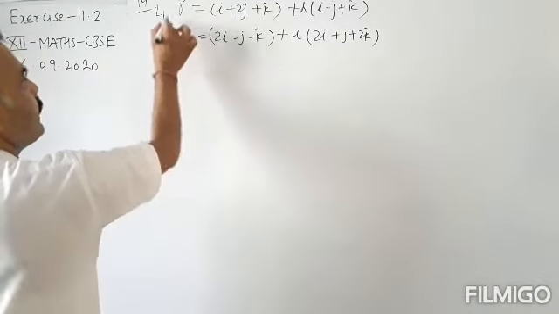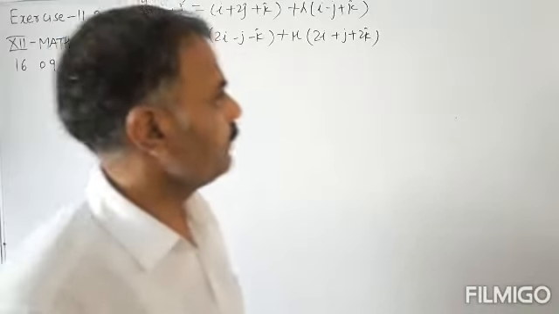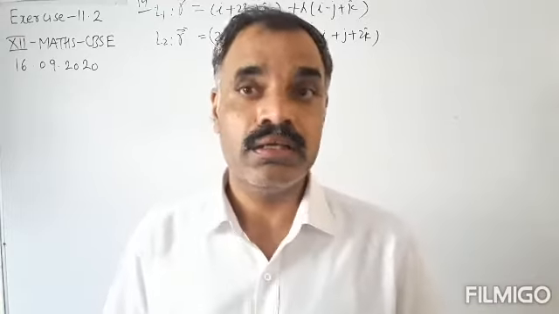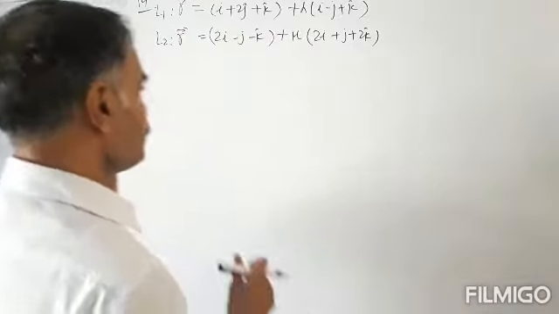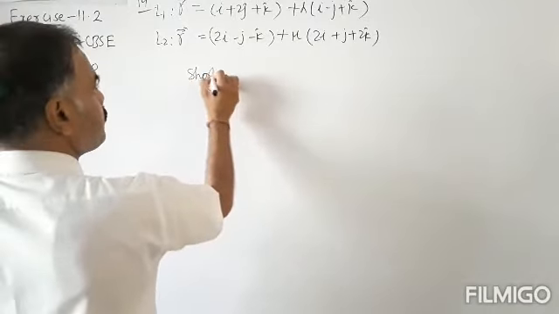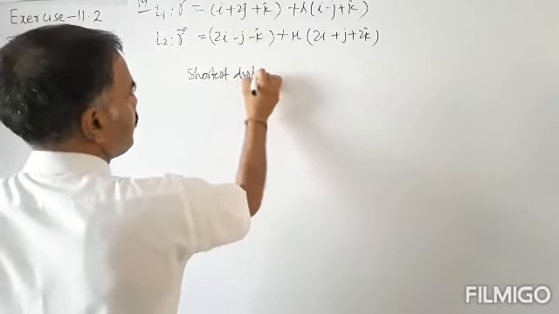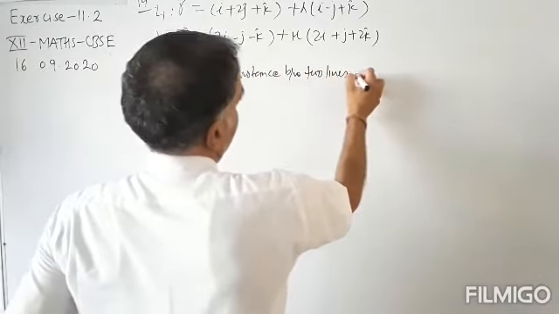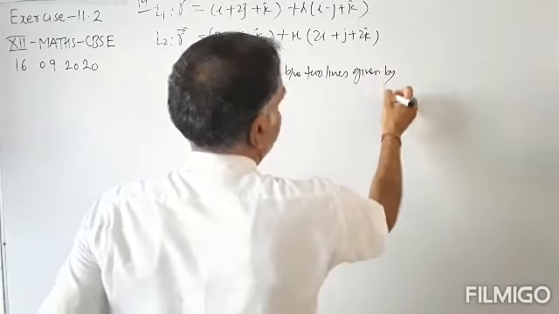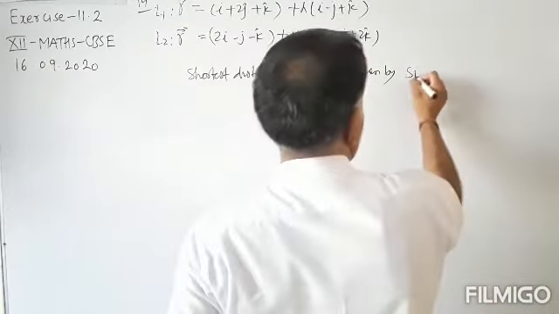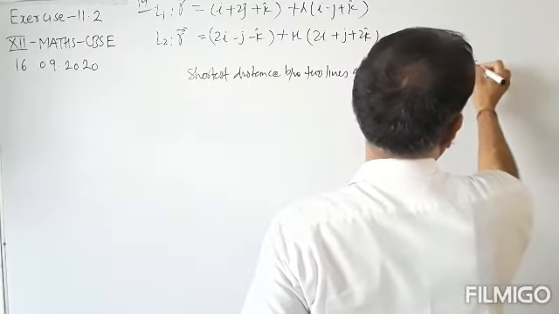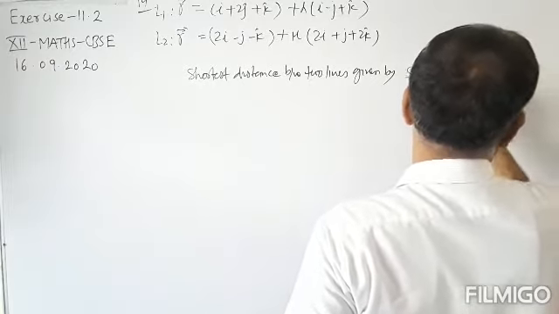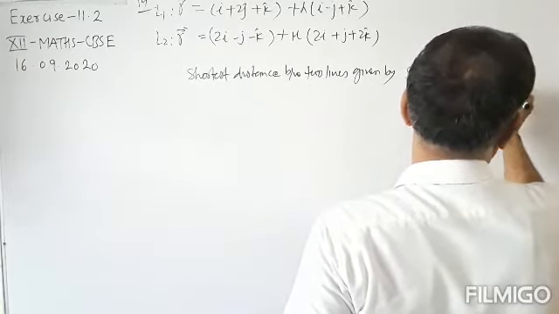Line L1 and line L2 are given to us, and we have to find the shortest distance between these two lines. Okay. So the shortest distance between two lines is given by: shortest distance equals (a2 minus a1) dot (b1 cross b2) divided by the magnitude of b1 cross b2 vector.